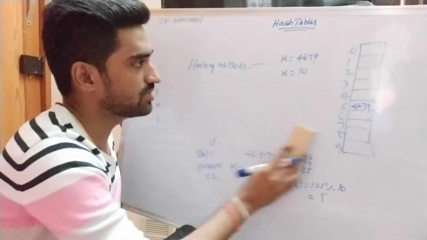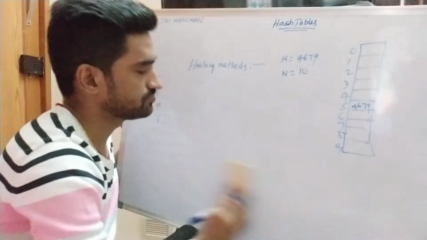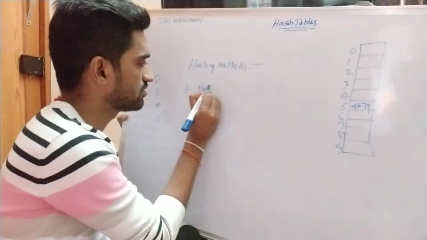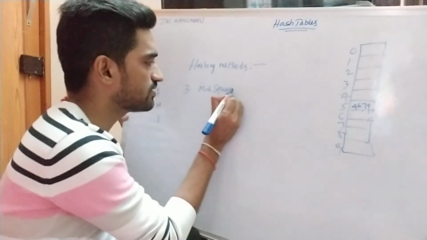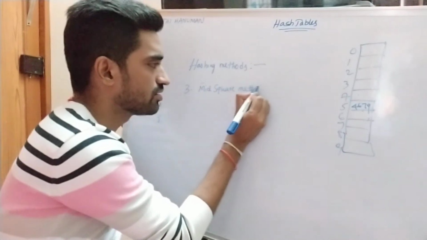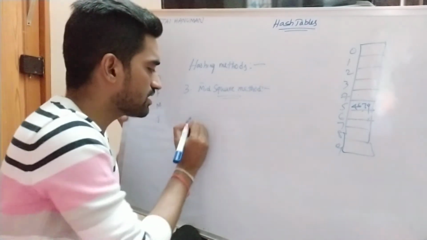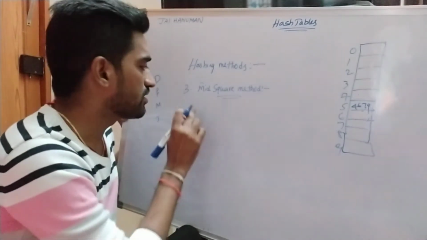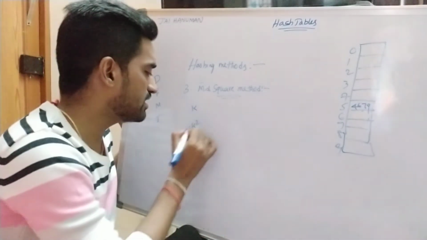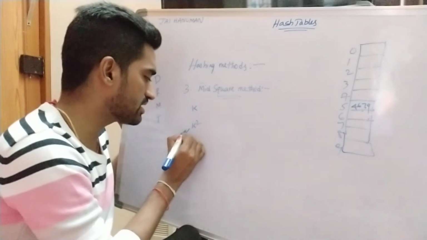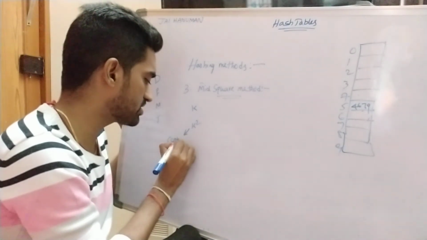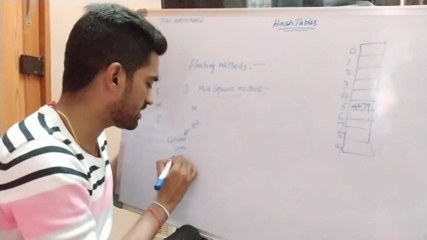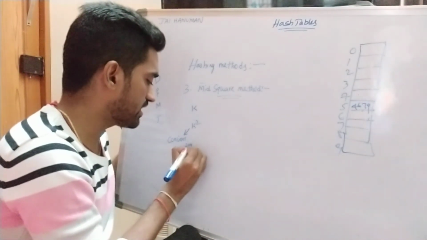Mid square method. In the mid square method, first of all we calculate the k square values for the given key values, and then consider some positions in k square.